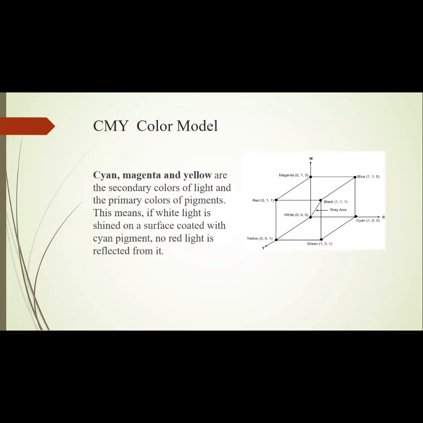If we compare the RGB and CMY color models, in the RGB model we have 1, 1, 1 as the coordinate for white, but here we give 1, 1, 1 for the black coordinate. So this is about the CMY color model.